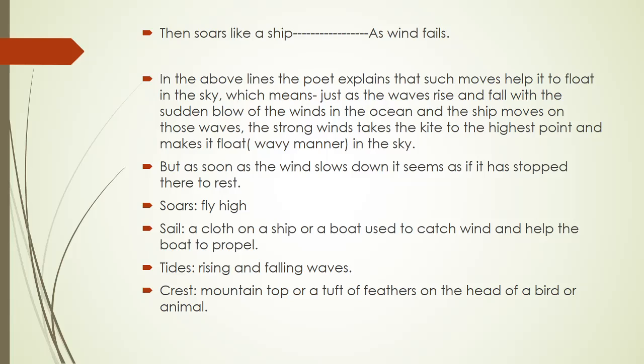But as soon as the wind slows down, it seems as if it has stopped there to rest. Here the poet has compared the kite's movement in the sky to the ship's movement in the sea. When the waves rise up and fall down, the ship goes up and down. In the same way, with the blow of wind the kite moves up, and when the wind slows down, it comes down.